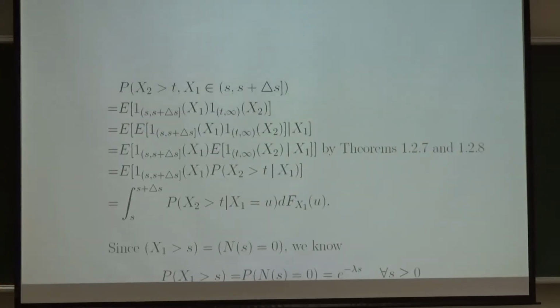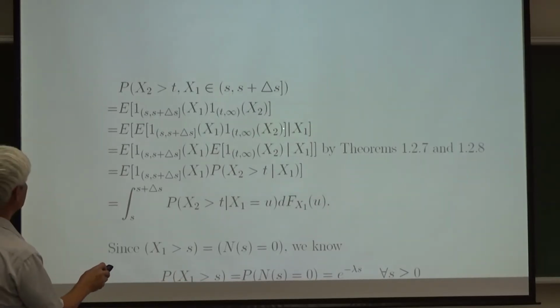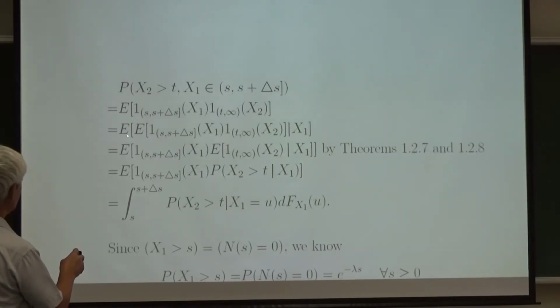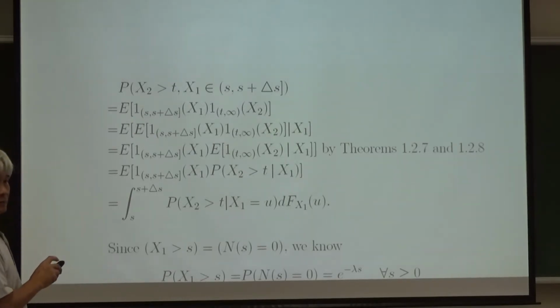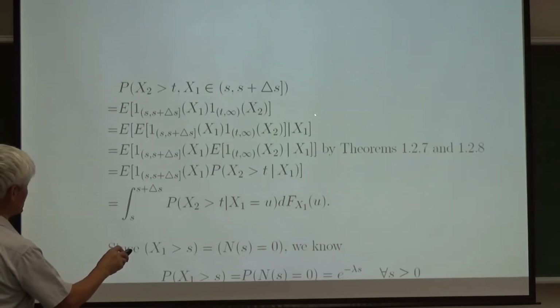So we have that, and then we use the conditional expectation, by theorem 1.2.7. I forgot to put another bracket here, because this bracket corresponds to this one, and this bracket has no counterpart. So we have to put another bracket here. Sorry.